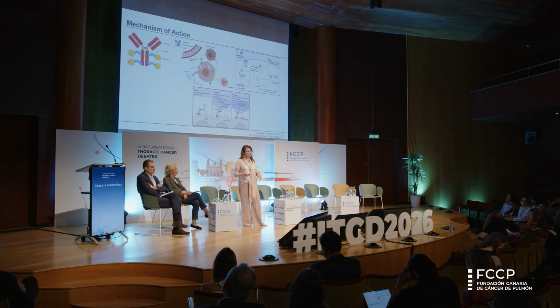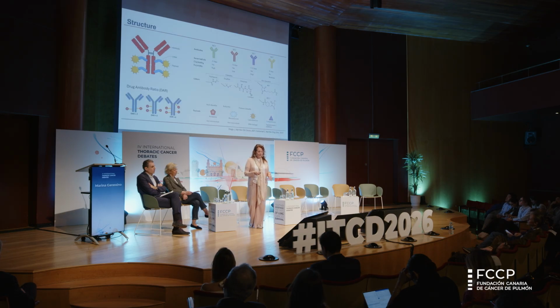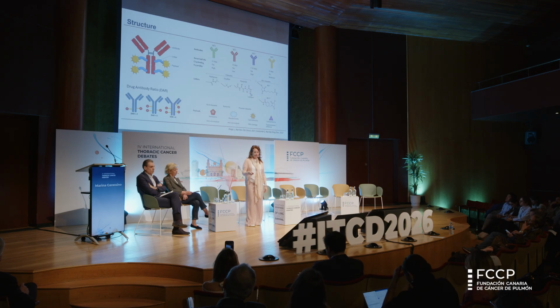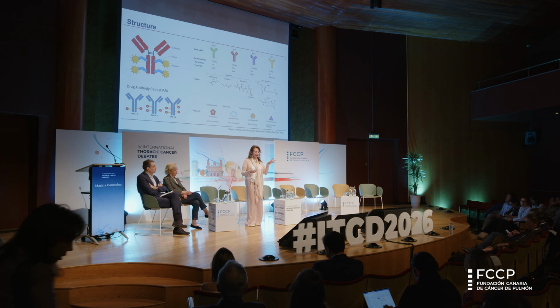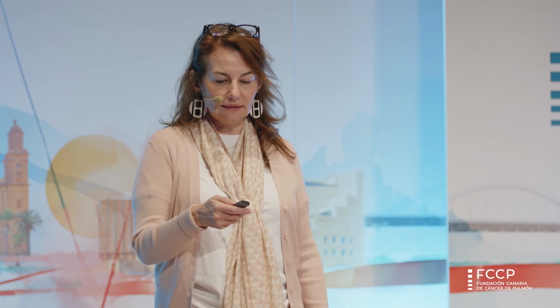When we talk about the ADCs, this is a very important definition. The second is clearly the payload. For all the Trop2, the payload is a topo 1 inhibitor, and all of them are IgG1, which means that basically they have a serum half-life of about 3 weeks, and this is important for the toxicity.